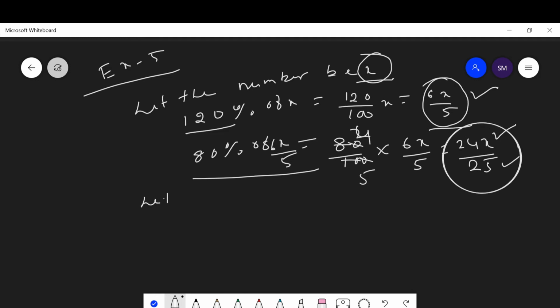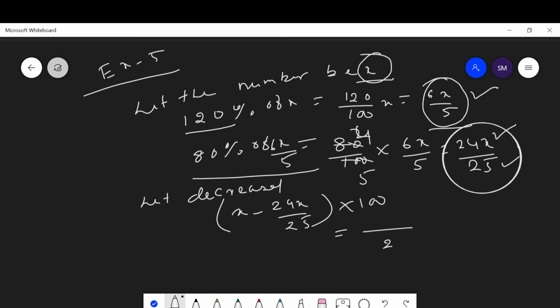Then here the net decrease is x minus 24x upon 25 into 100. 25 is the LCM. So 25x minus 24x upon 25 into 100, which is equal to x upon 25 into 100, which is 4x%.